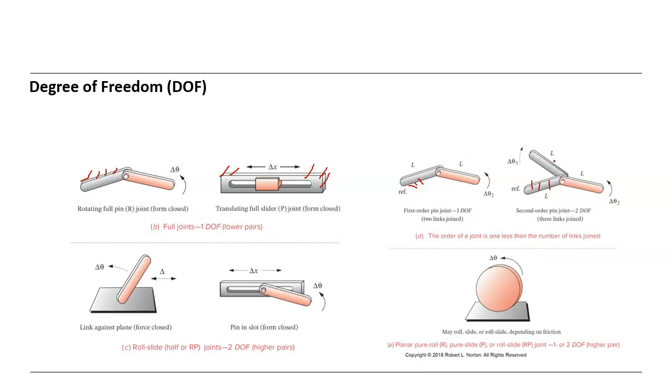So you should not forget, we have such an example. If you have such a connection somewhere, that means 3 members connected, then it has 2 degrees of freedom.